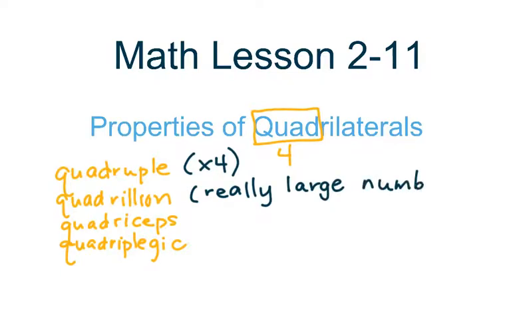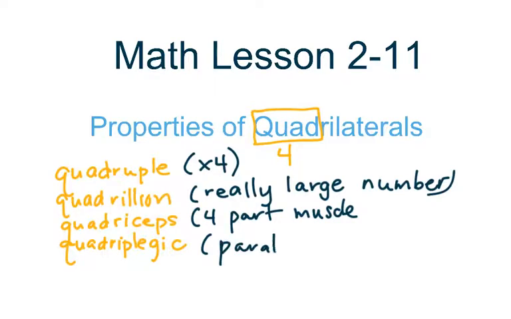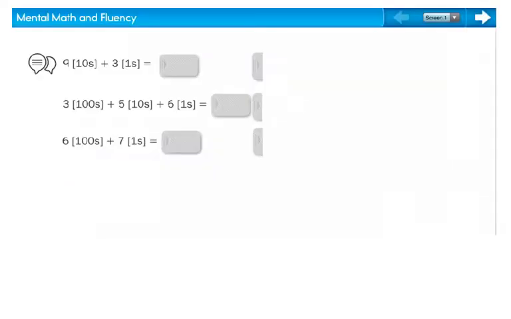We have quadriceps, which are a 4-part muscle in your leg. And we have a quadriplegic, which is someone who is paralyzed from the neck down. So those are all words that also have quad in it.